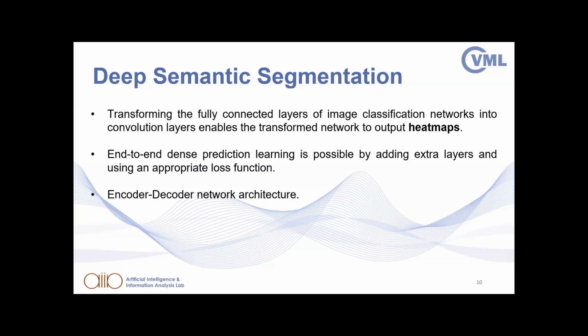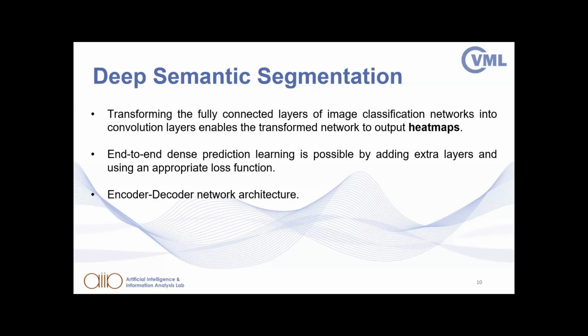Next, we enable end-to-end dense prediction learning by adding extra layers and using a specific loss function. This means that the model learns directly from input images to produce pixel-level predictions without the need for separate processing steps.